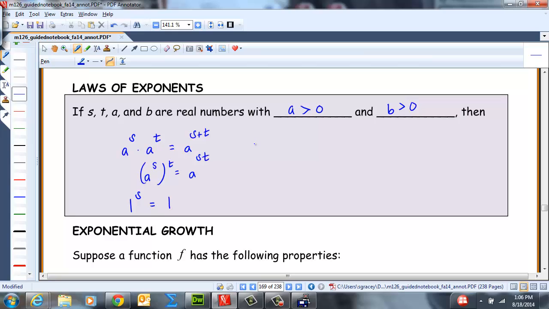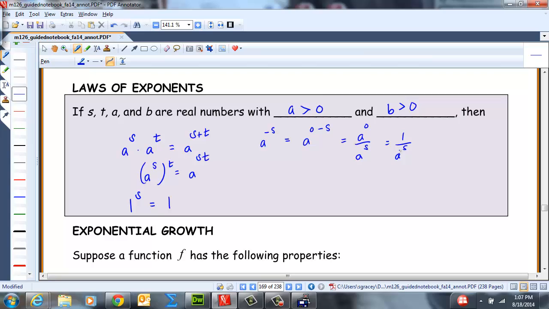And a to the negative s, therefore, will be equal to, actually, that's the same as a to the 0 minus s, which gives us a to the 0 over a to the s, which is just 1 over a to the s. So you should have remembered all this from earlier stuff.